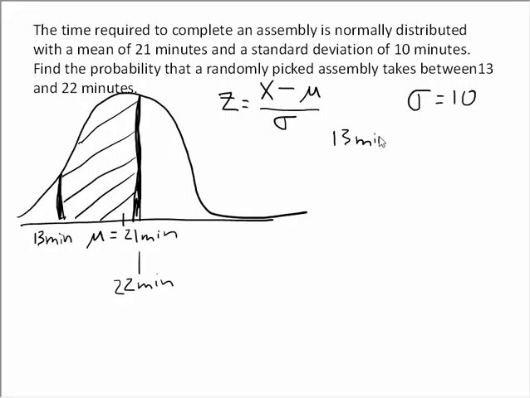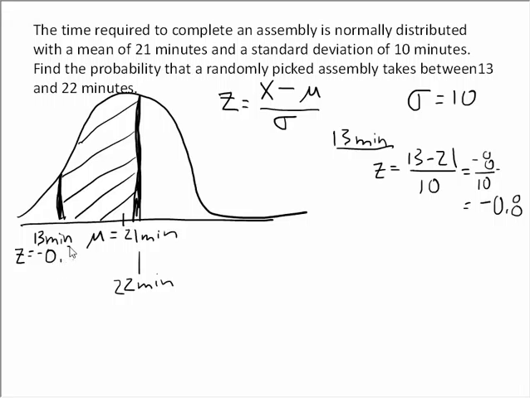First of all, the 13-minute value. z is equal to x, 13, minus the mean, 21, over the standard deviation, 10, and that's negative 8 over 10, or negative 0.8. So this 13 minutes corresponds to a z value of negative 0.8.